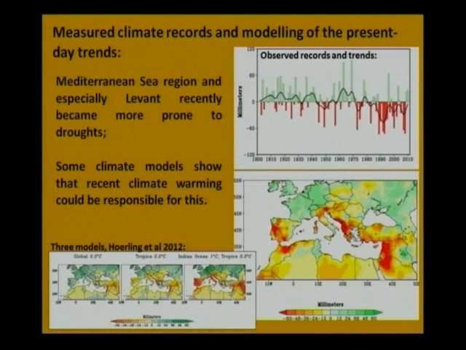They found that if we have a global warming of 0.5 degree, we get aridity, but not like this, only maybe in the Middle East. And if we have warming above the Indian Ocean by 1 degree and the tropics by 0.5 degree, we get more aridity than we actually have. Only the scenario of warming of the tropics by 0.5 degree shows something similar to what we have here.